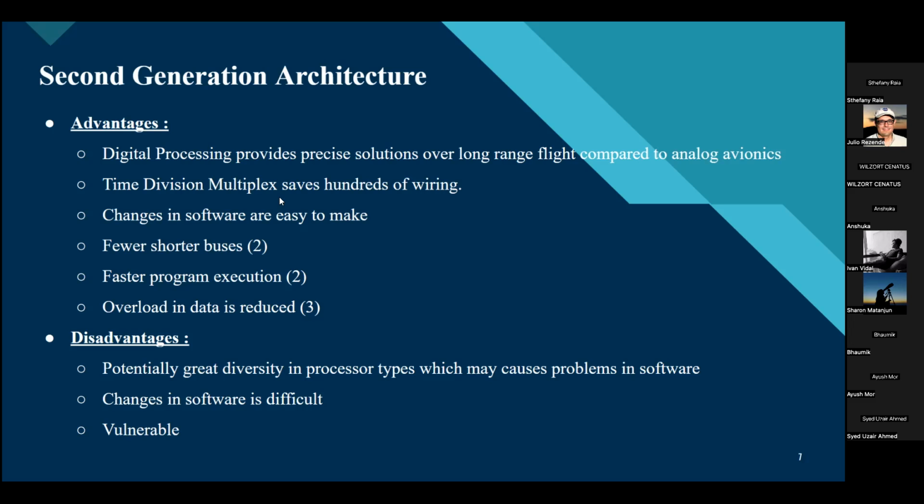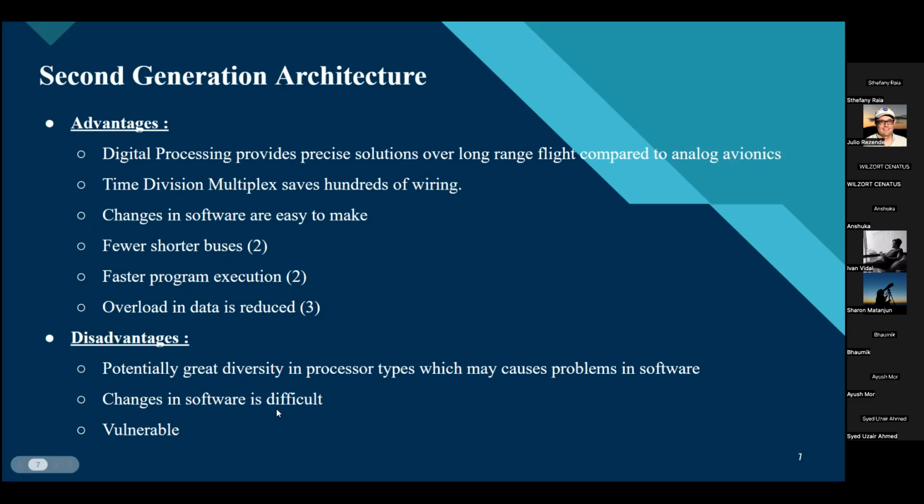Time division multiplexing saves hundreds of wires, which helps in reducing waste and makes it more eco-friendly. Changes in software are easy to make. We also have fewer, shorter buses, faster program execution, and reduced data overload, so data can be sent immediately without any piling up.